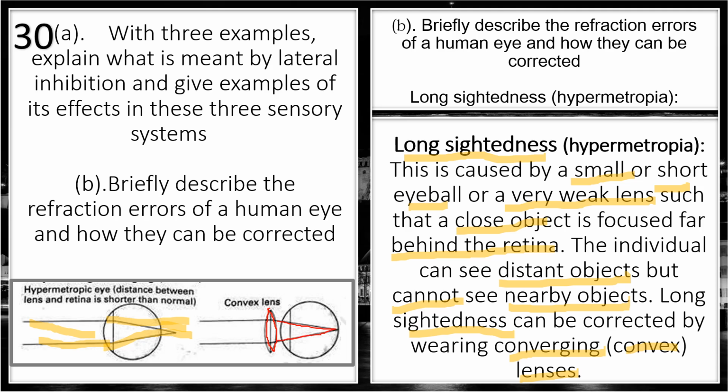So if a person is long-sighted, meaning he can only see distant objects but cannot see nearby objects, we correct that condition by wearing a converging or convex lens.